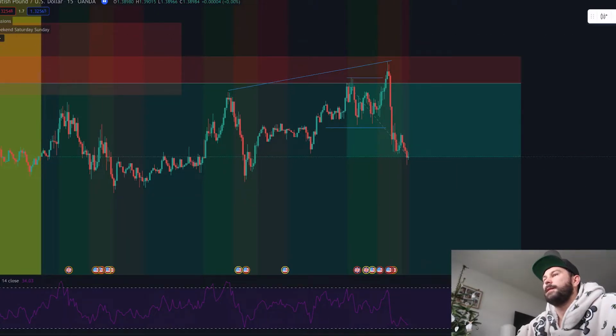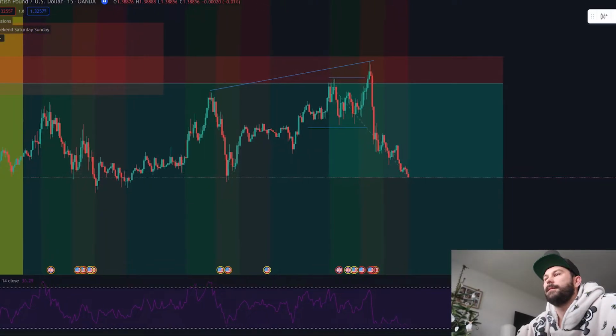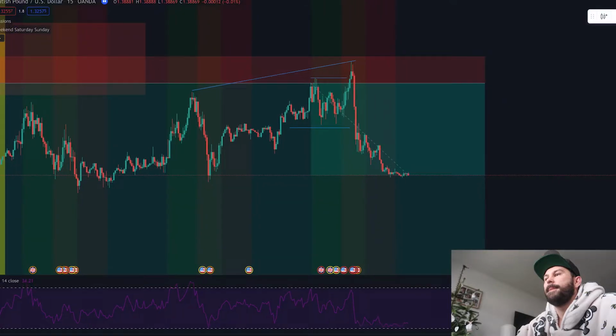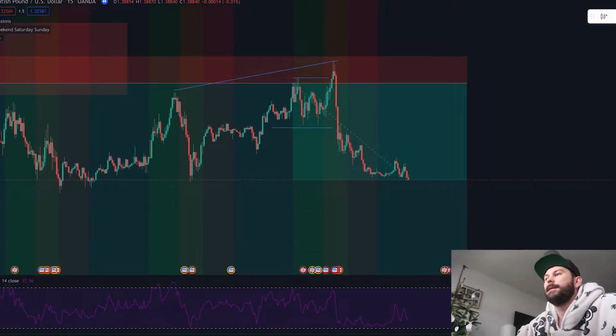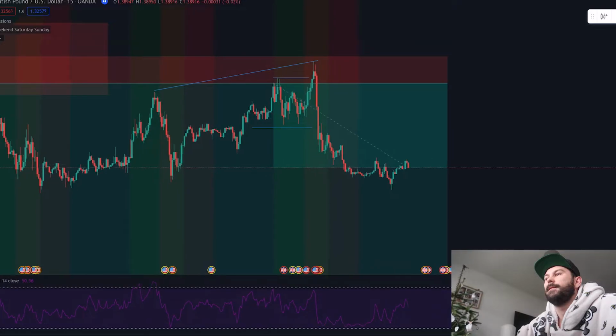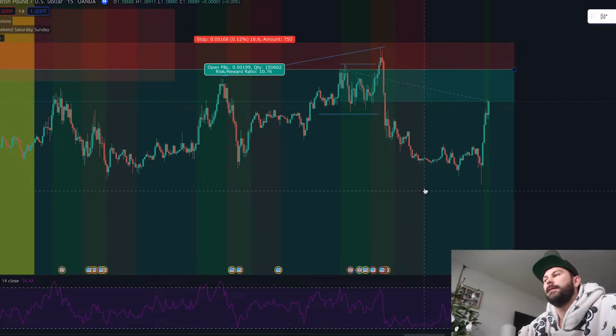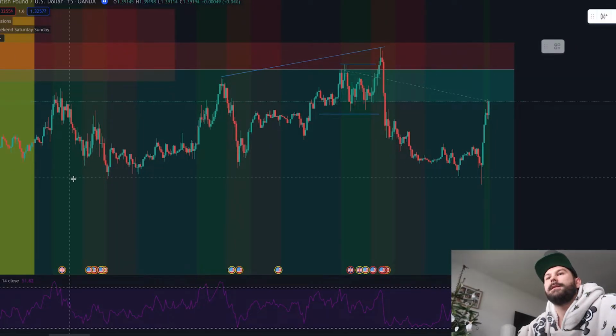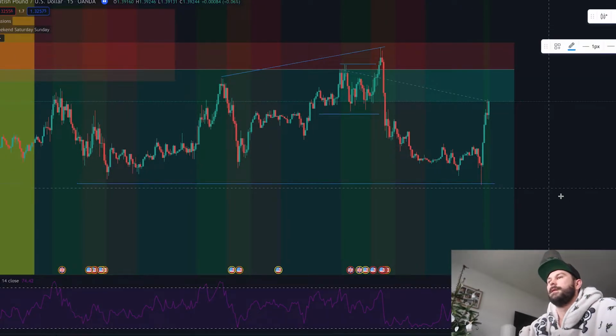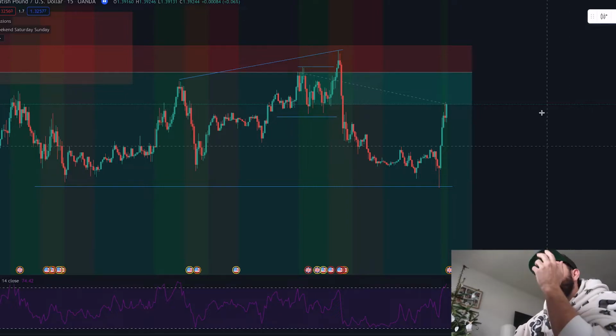Let's just see if it makes targets on the way down. Coming back down. Right, what did it do? It's made more targets on the way down. So it's confirming that it wants to go down for me.